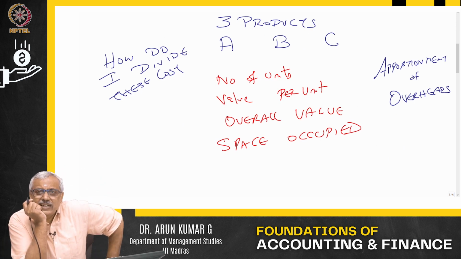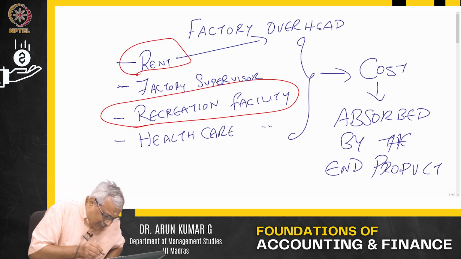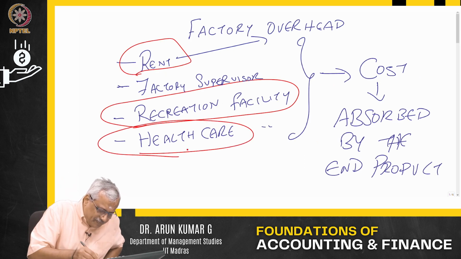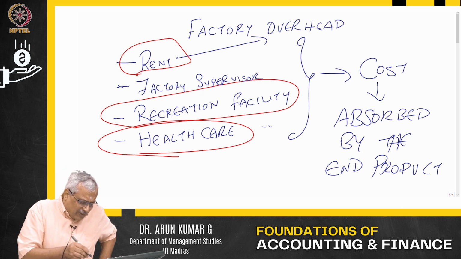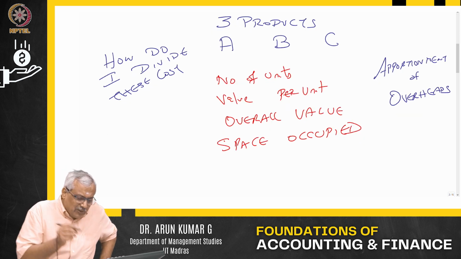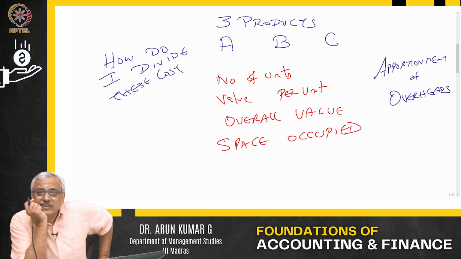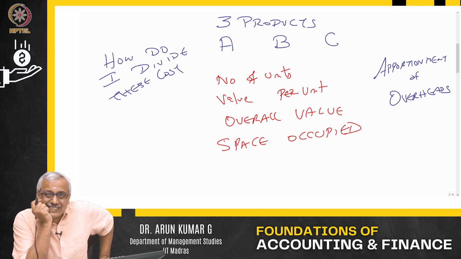It's not the number of employees, and I can't basically measure it. Or for example, the healthcare facility. I have to have a basis when I divide or apportion these overheads. That is always a challenge.